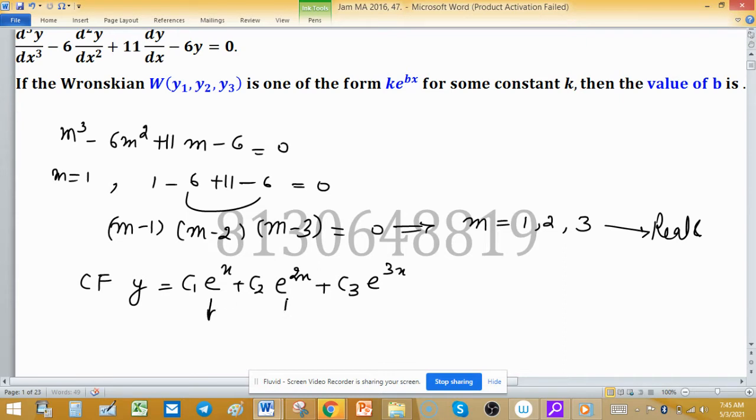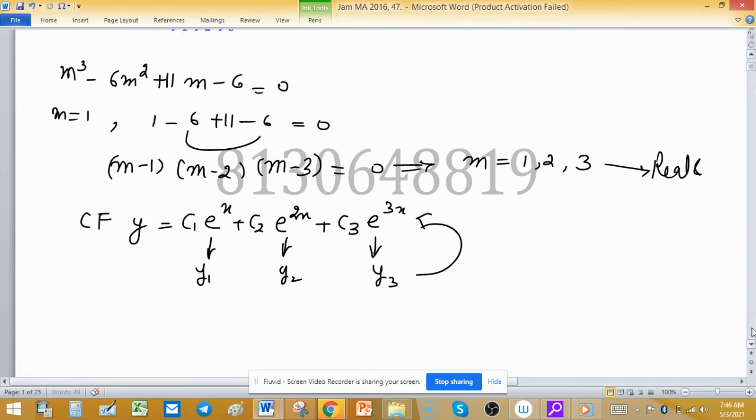Call e^x, e^(2x) and e^(3x) as y1, y2 and y3. And we know the theorem: if there are solutions, then their linear combination is also a solution. So this is a linear combination of y1, y2 and y3, which is the complementary function and the solution. As given, the solutions are linearly independent.